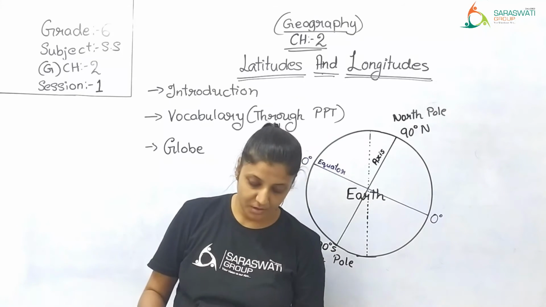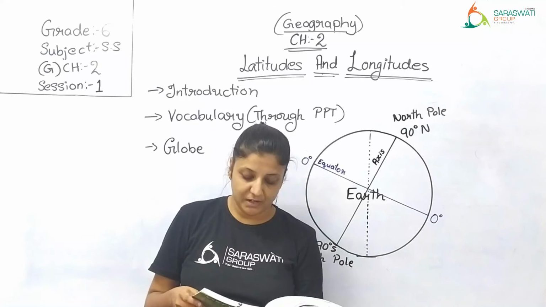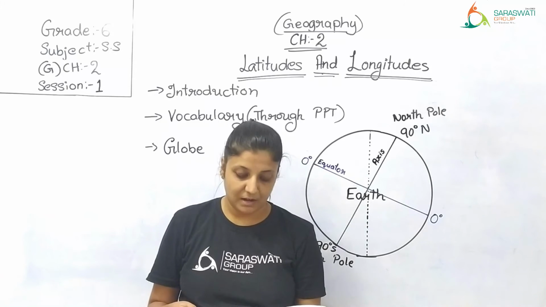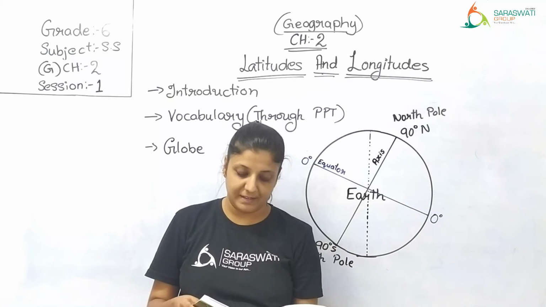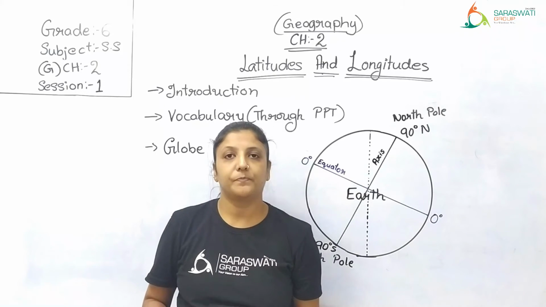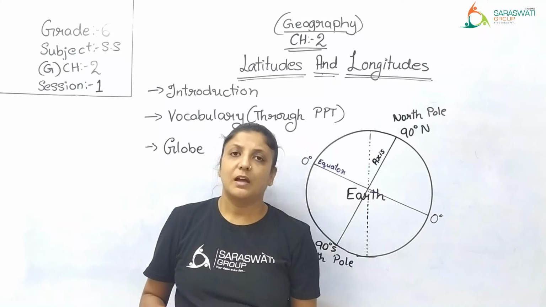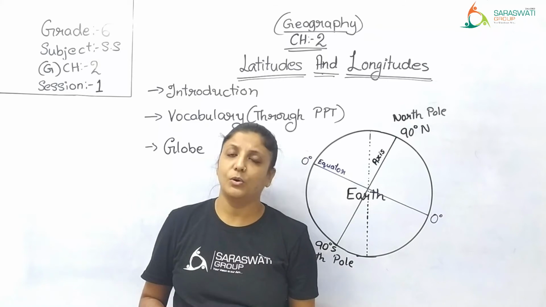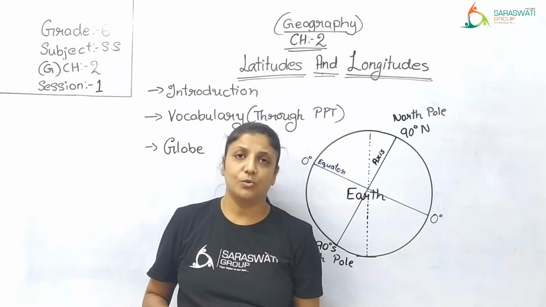Now, the different physical features and places are also marked more or less clearly on the globe. The physical features and different places are located accurately on the globe.